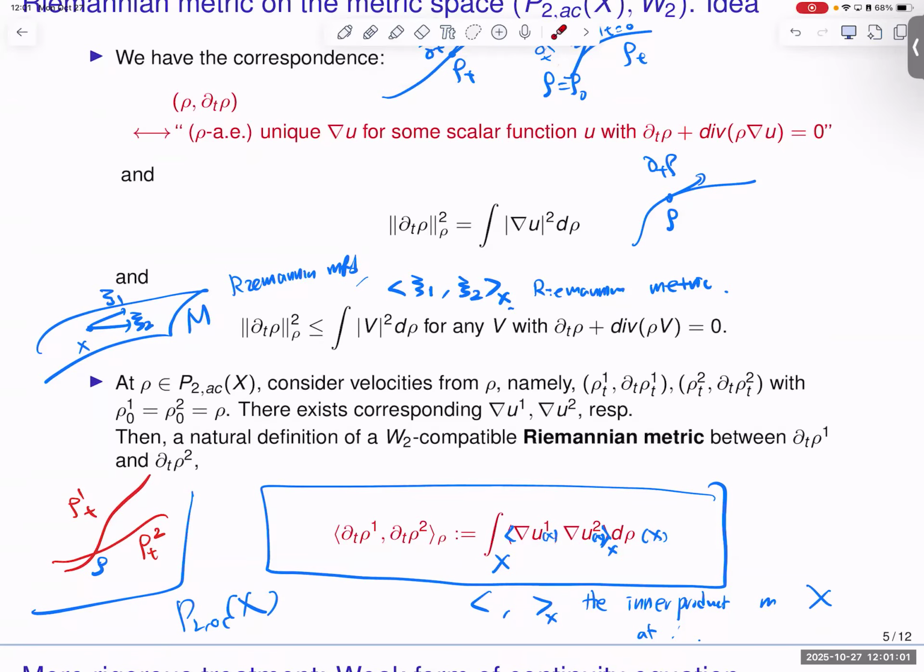I would say yes. I didn't pursue such a direction myself, so I don't know the literature well about establishing more Riemannian geometric notions in this space of probability measures.